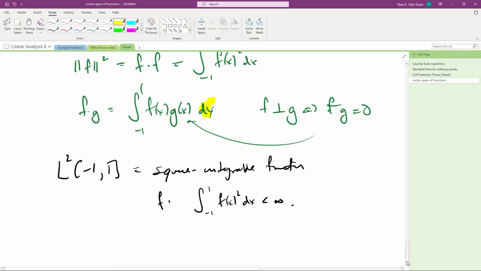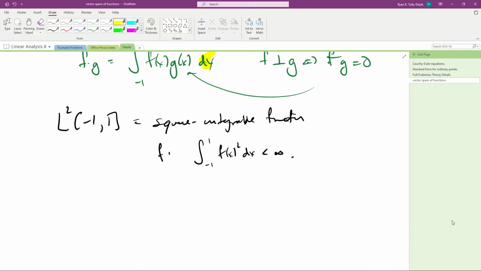But what live inside L2 are the continuous functions and the continuously differentiable functions. So L2 contains the continuous functions and the differentiable functions and the continuously differentiable functions and the twice continuously differentiable functions all live inside of L2 as subspaces of it.